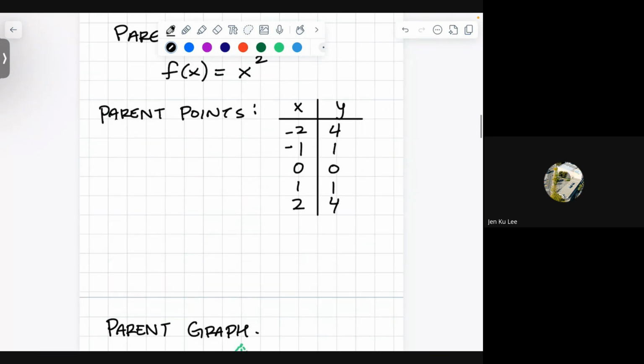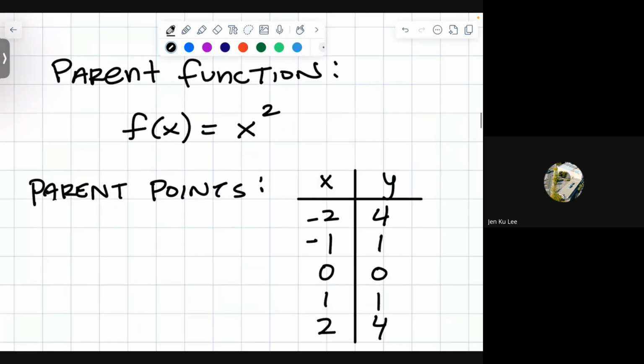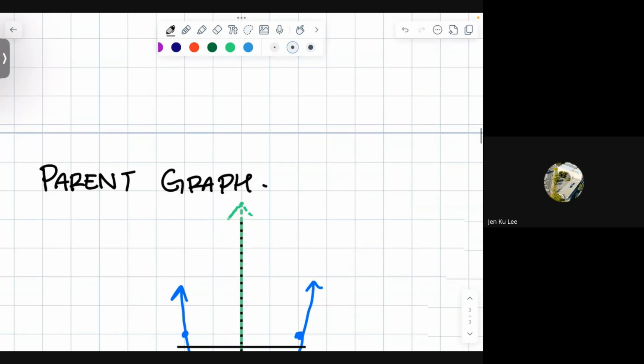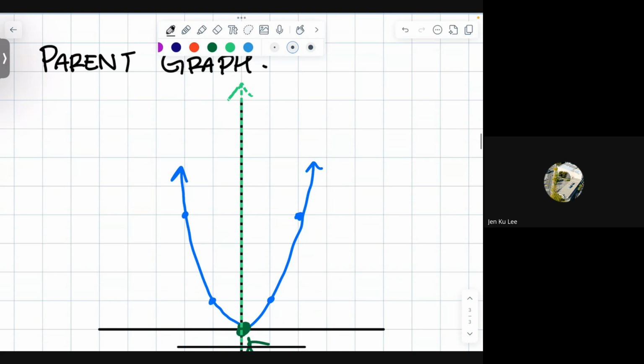This parent function and these parent points are always going to be on it. This is what represents your parent function, and these are the points that you're going to graph to graph your parent function.